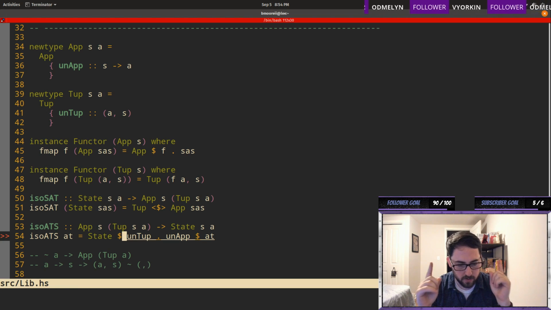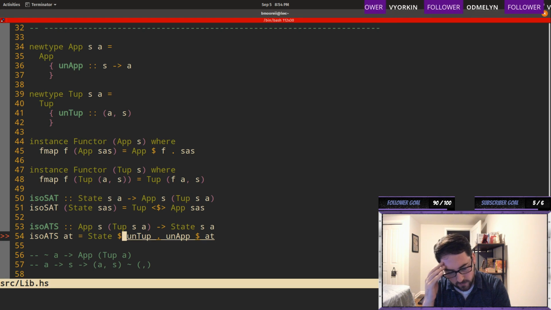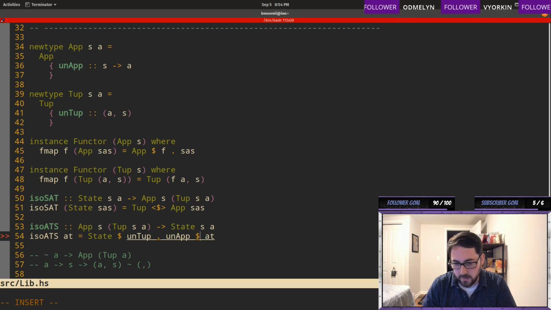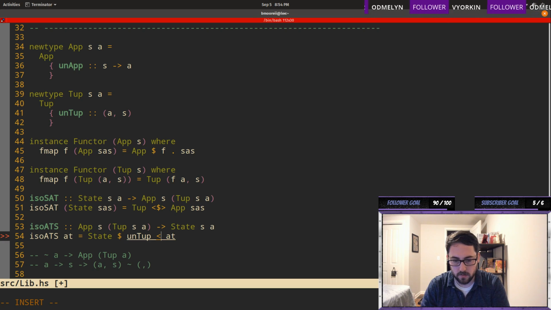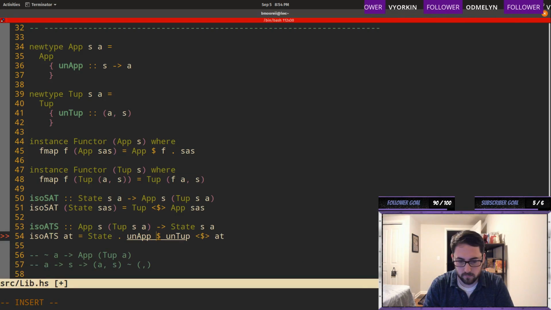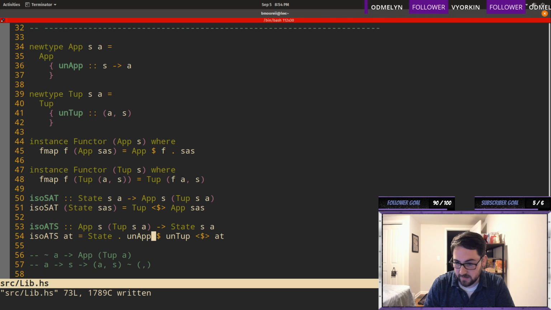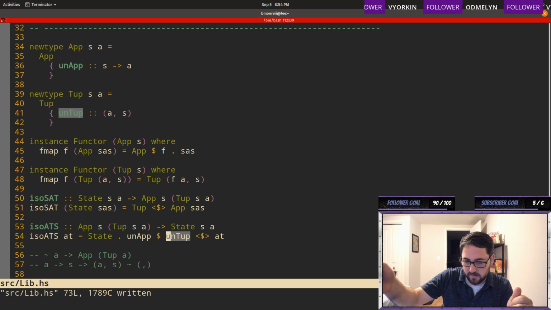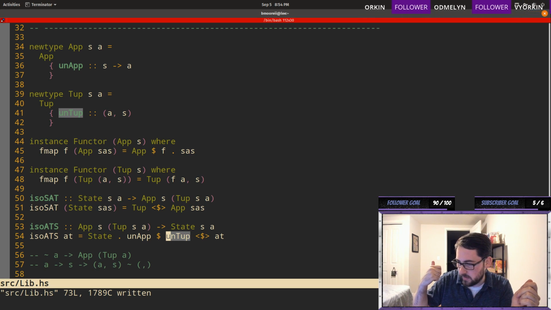So I need more fmapping. Okay. Huh? Right, because I have to untuple the thing inside app and then pull it back out.